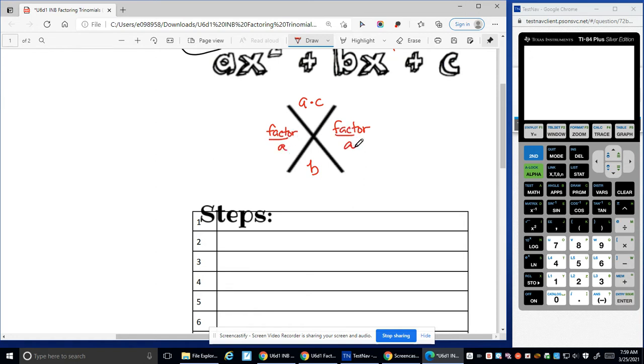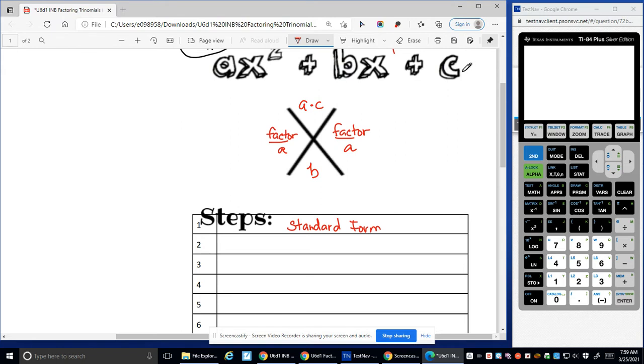Divide by A. Okay. So step number 1, we want this in standard form, right? It needs to look like this right up here, right? With our exponents from big to little. Step 2, we want to put B on the bottom, okay?